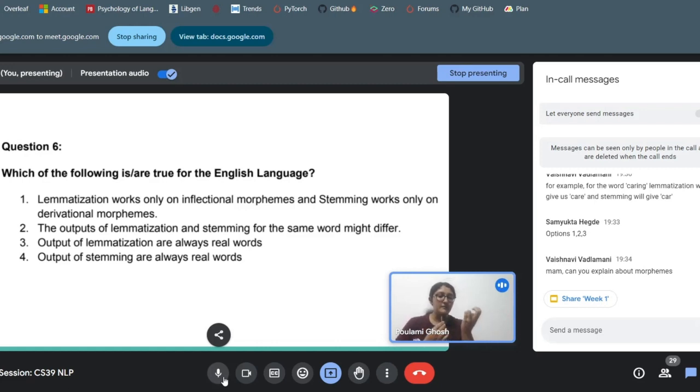So what would be morphemes? Morphemes are the units that form the word. For example, take the word unbreakable. Okay, so this is a word which constitutes three morphemes: un, break, and able. Here un, which comes in the beginning, is the prefix.